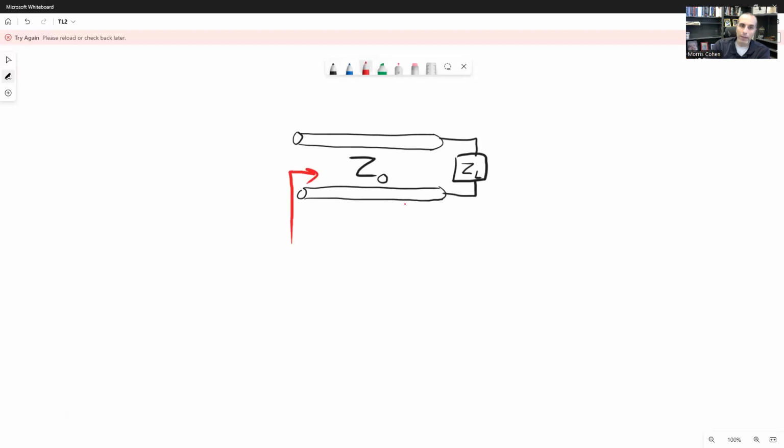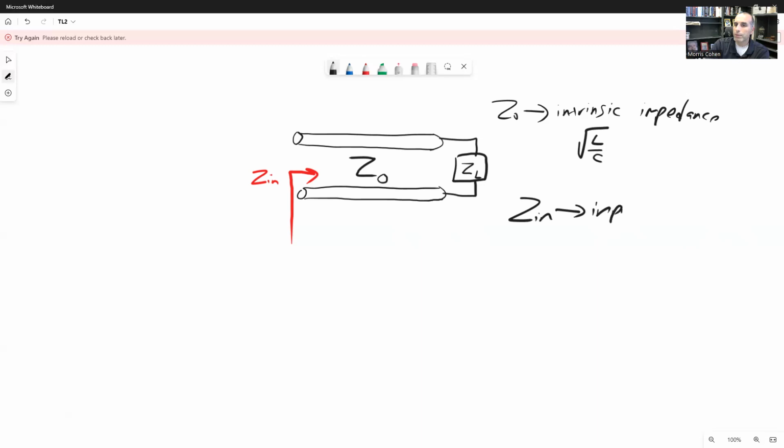I'm going to draw it like this. And the question is, what is the apparent input impedance viewed from this point looking into this transmission line? All right, so while Z0 is the intrinsic impedance, and we define that pretty clearly as the square root of L over C, Zin is what we're going to call the input impedance.